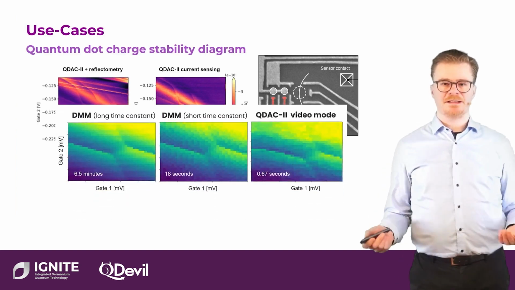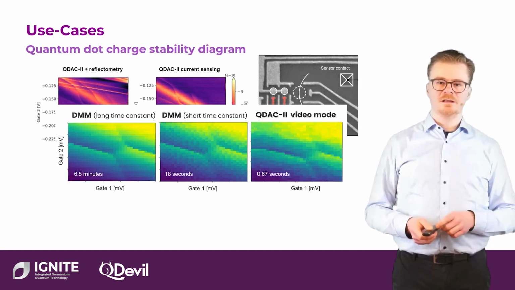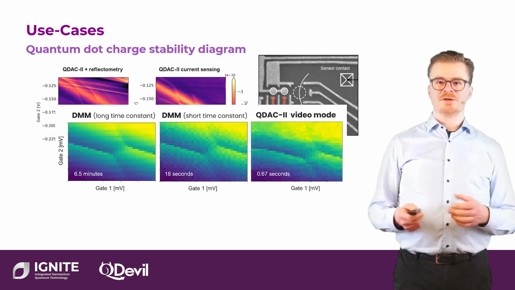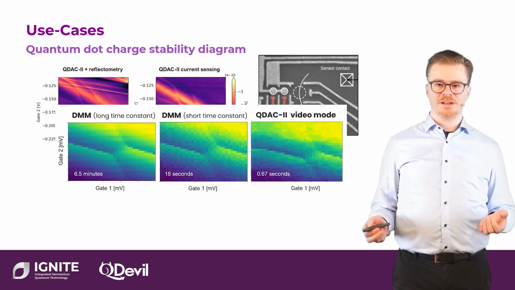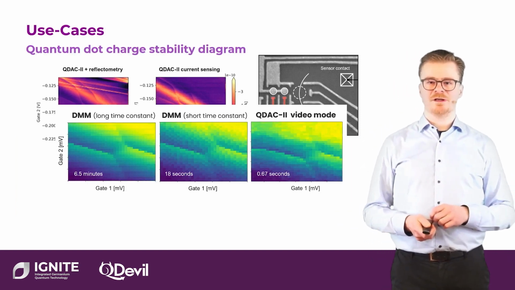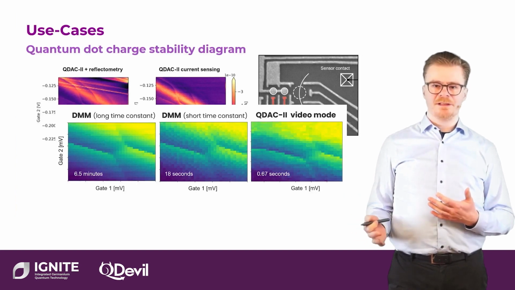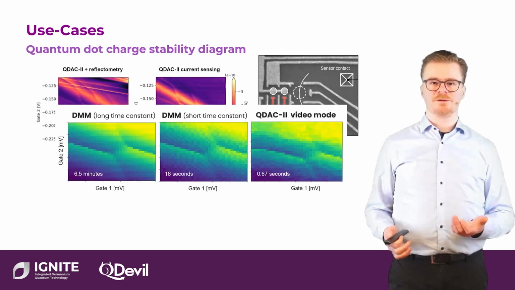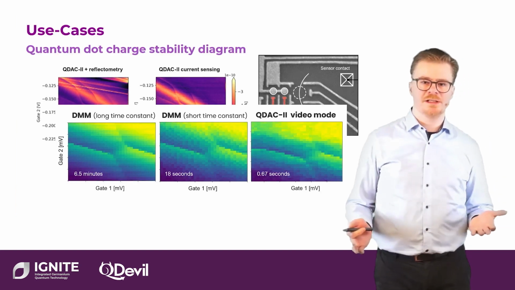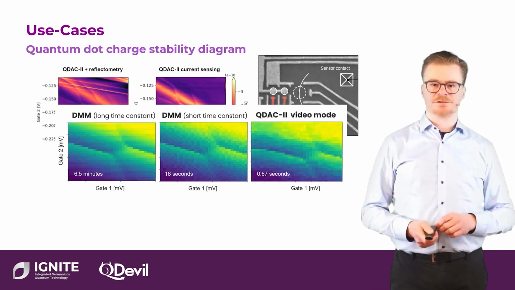Another aspect is that, compared to data acquisition with the digital multimeter, which takes either minutes or tens of seconds, with the QDAC2 we can actually go into video mode, so we can scan a full 2D map of a charge stability diagram in less than a second. So again, a capability that opens up some really new advanced ways of doing, for example, dynamic tuning and calibration of qubits based on quantum dots.